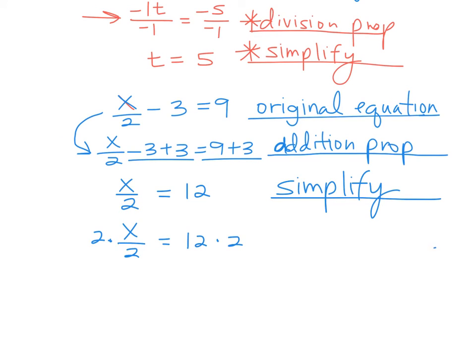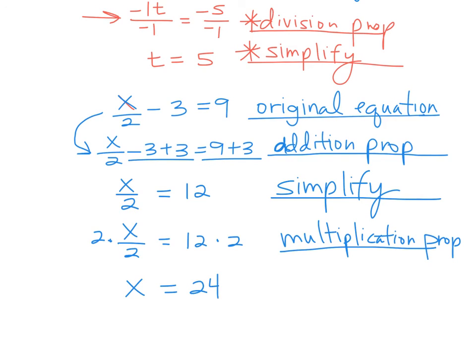Which property is that? Multiplication property. So you're going to say multiplication property. And then my next step is going to say x equals 24. What's that? Simplify. I did the multiplication, right? So that's simplify. And then once you're to that x equals some number, you're done.